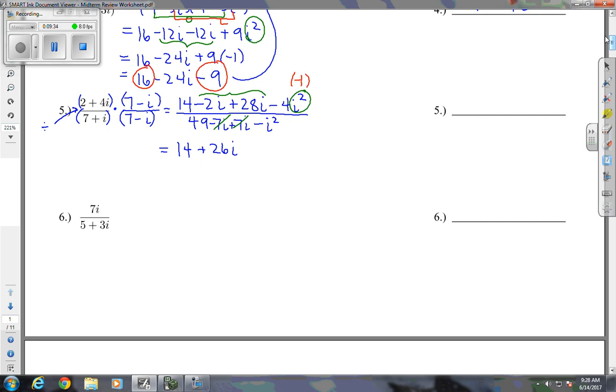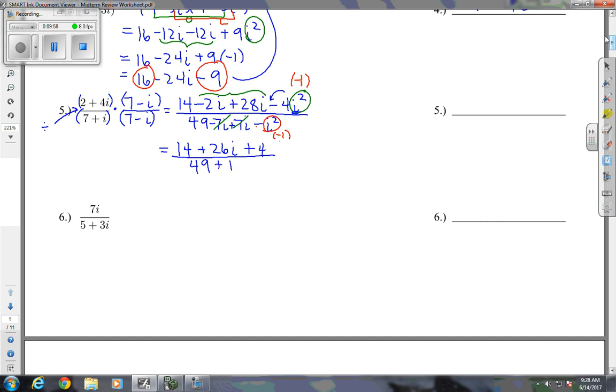Negative 4 times negative 1 gives me a plus 4. Okay, so the i squared will always simply change that sign as a shortcut. Working on the denominator, we have 49. Again, this i squared gets replaced with a negative 1, and a negative 1 is a positive 1.